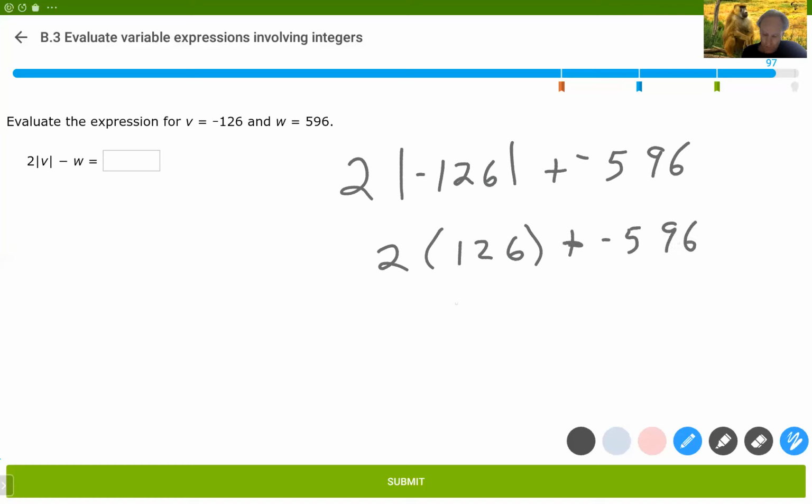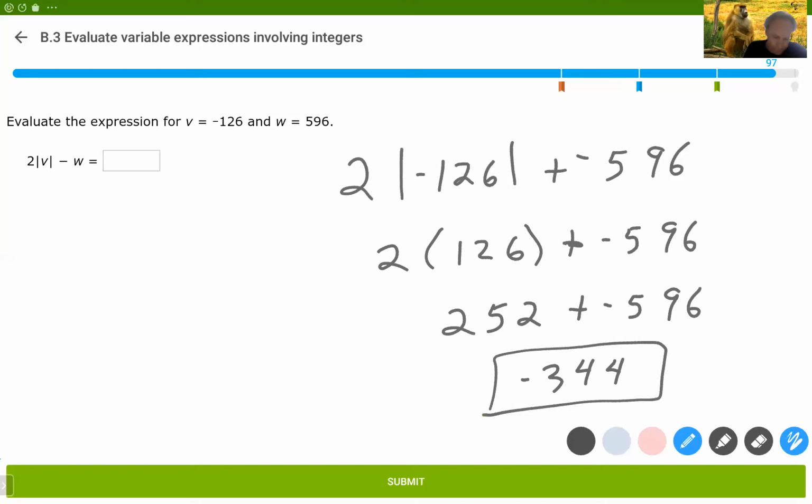That is 252 plus negative 596. The negatives win. Notice that the negatives are quite a bit bigger. In fact, they're bigger by negative 342, I believe. 44, sorry. Let's double check. 596, sure enough, negative 344.